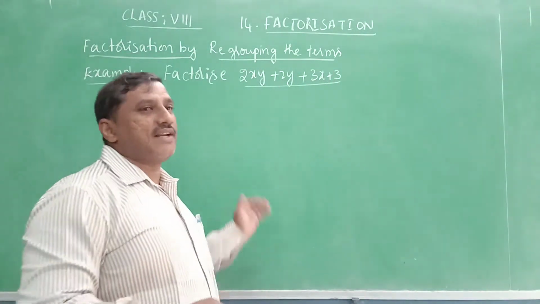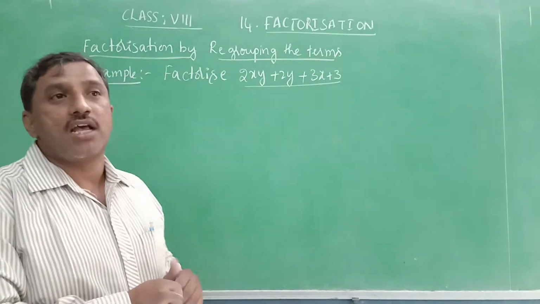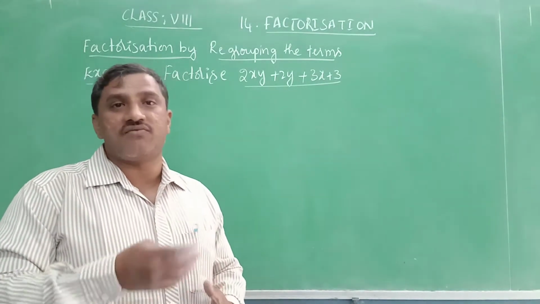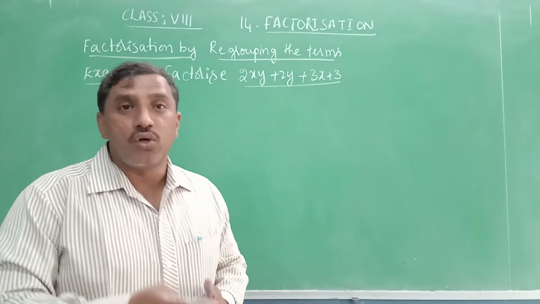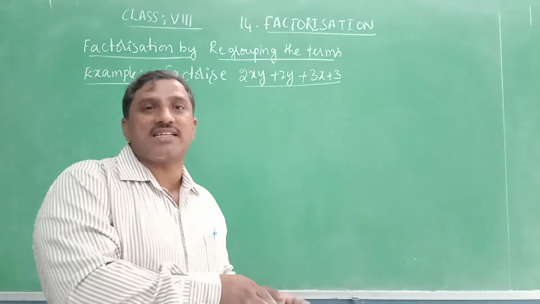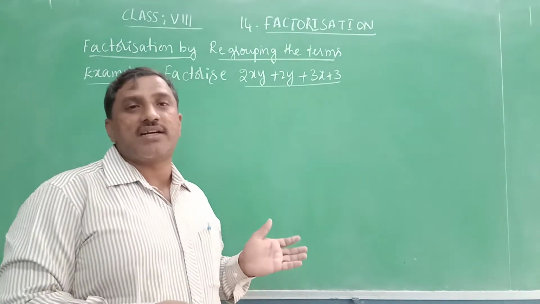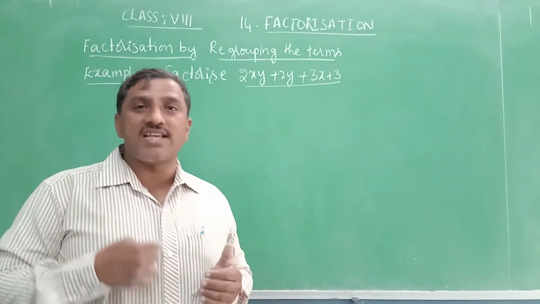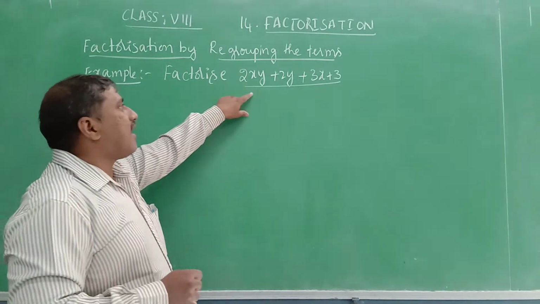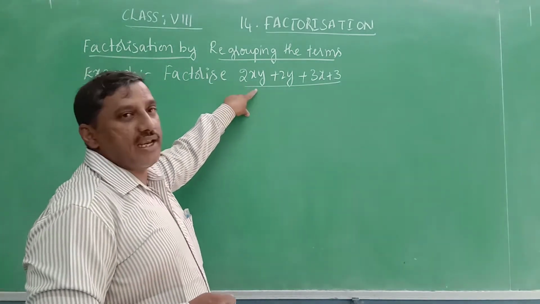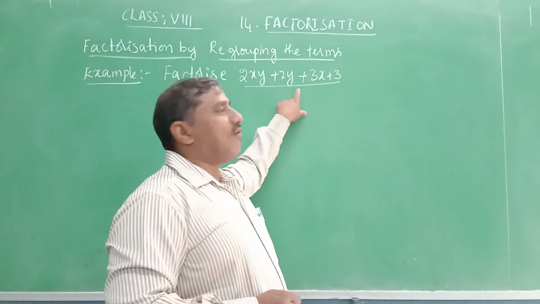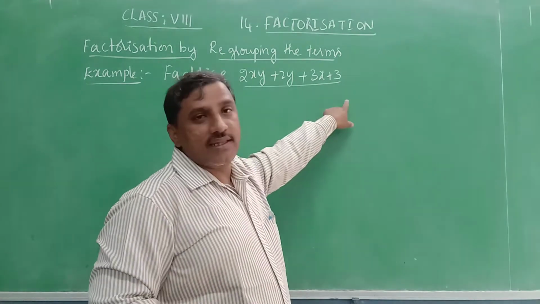In the previous session, by writing the common factors, we wrote the factors of all the terms and factorized the given expressions. But you see here in this question, the factors of 2xy is 2 into x into y, 2 into y, 3 into x and 3.